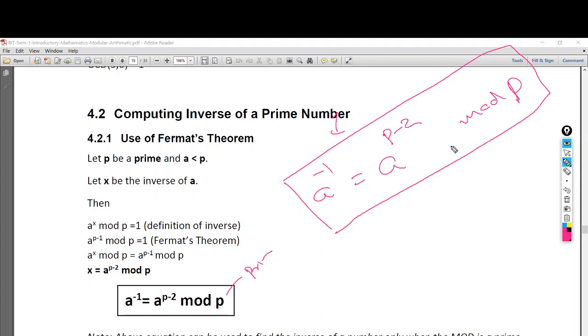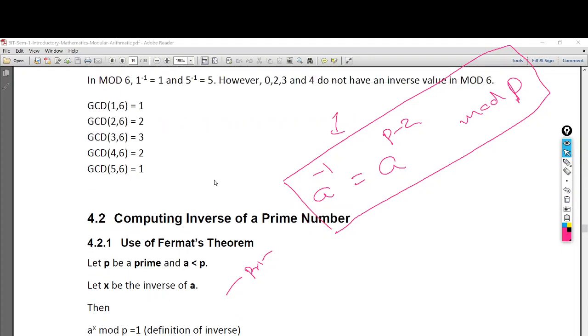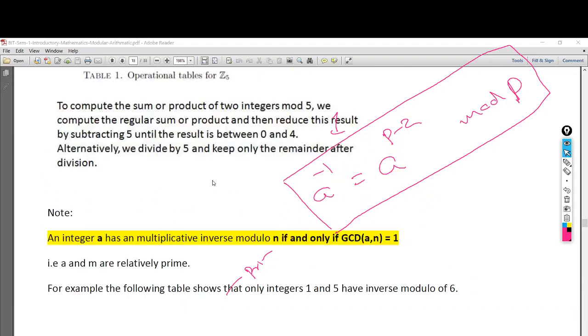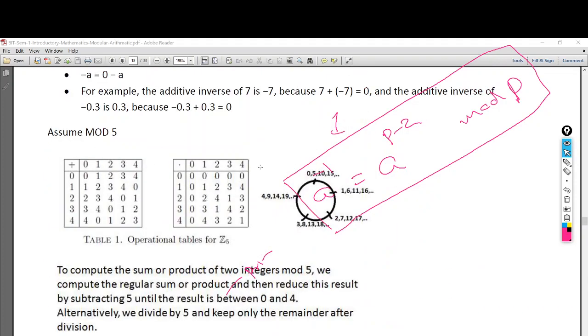So let's use that and see whether we got the correct answers last time, because we calculated these manually for prime numbers. Can I apply this to mod 5? Can I apply Fermat's little theorem here? Yes. Why? 5 is a prime number, so in our case p is 5. Now, what is the inverse of 1?